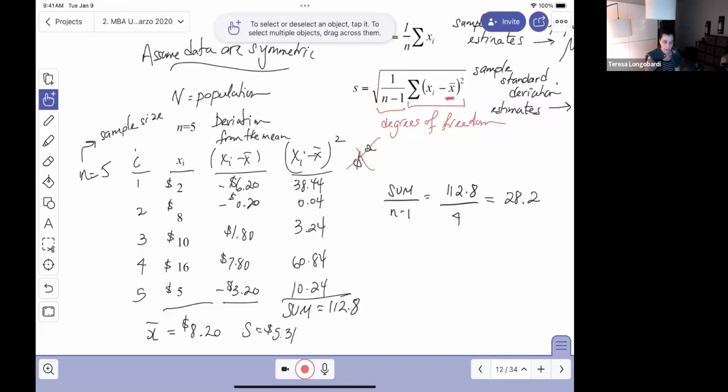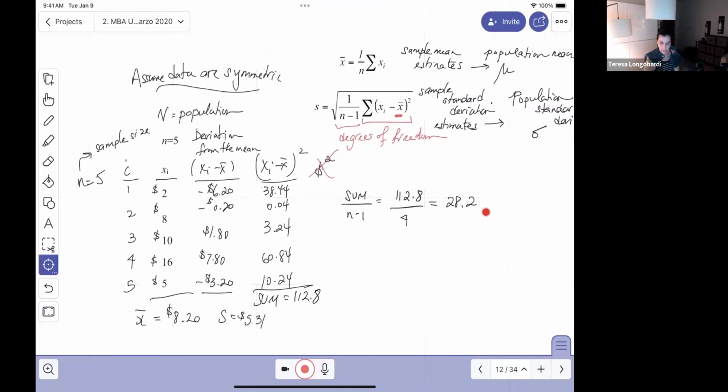Before I do that, though, I want to tell you that this has a special name. Does anybody know what this is called? So this whole inside part has a name. This is called the variance. And it's the square root, the standard deviation. Let's be more clear.